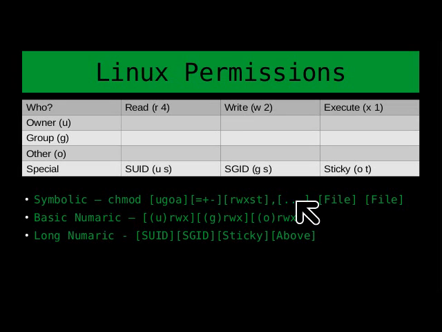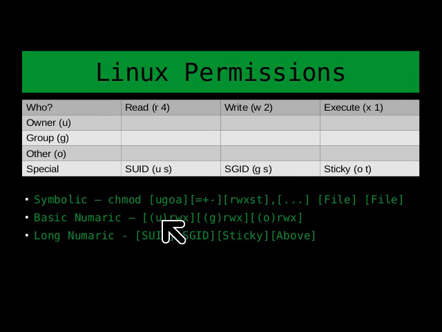Now let's take a look here at long numerics, basic numerics first. First of all, basic numeric, and that's where we need to take a look at the matrix here.